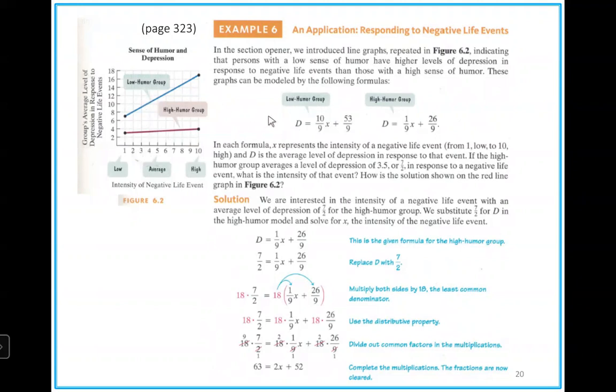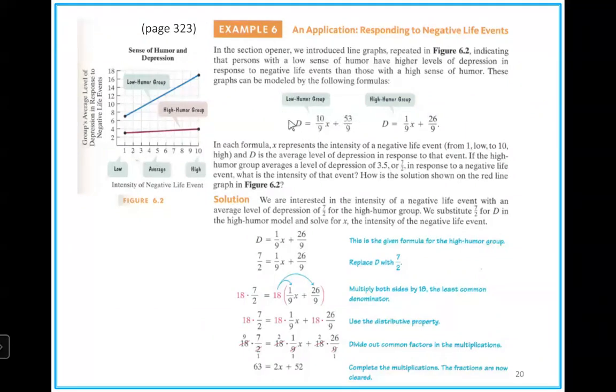So what we're going to do then is use the formula for the low humor group. That's D equals 10 over 9 x plus 53 over 9. We're going to put the 10 in place of D and try to work out what x is, and you should get something close to 3.